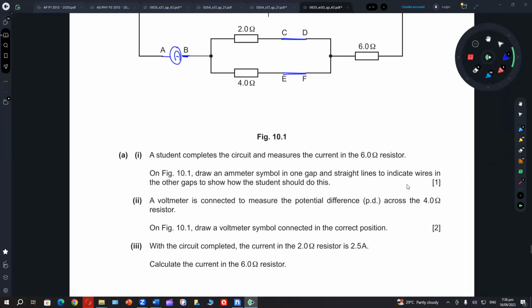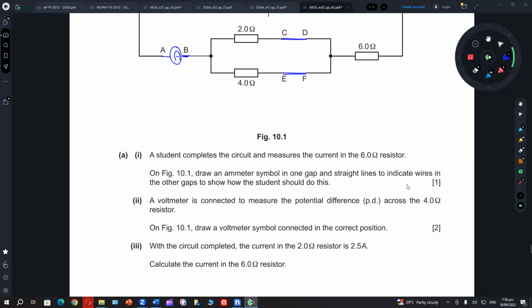Yes. So the ammeter should be here because we want the current in the 6 ohm resistor.